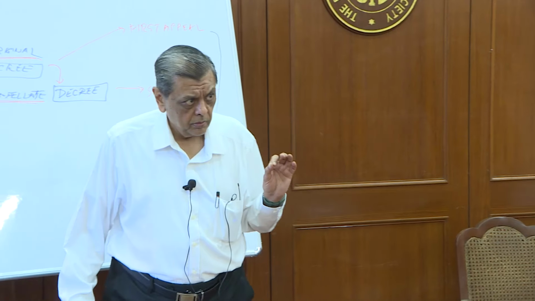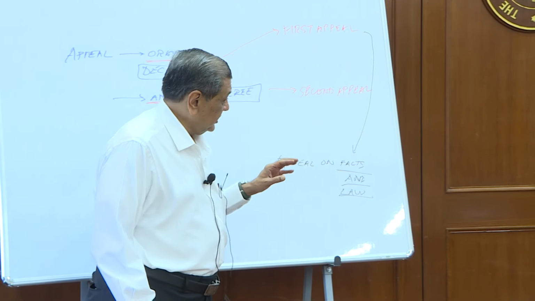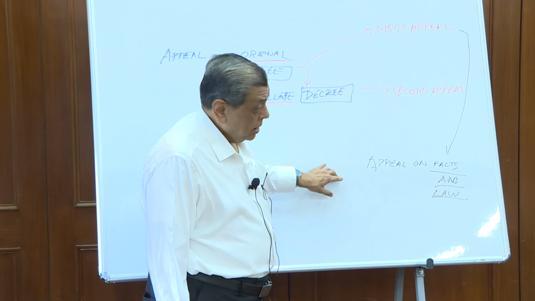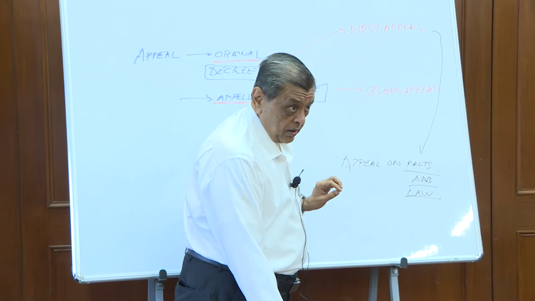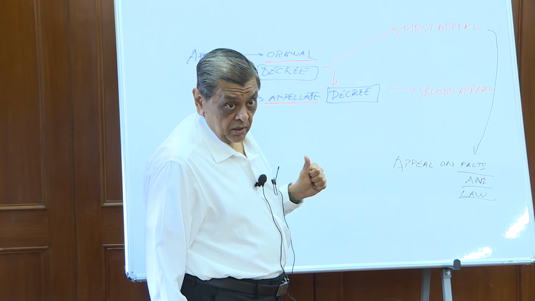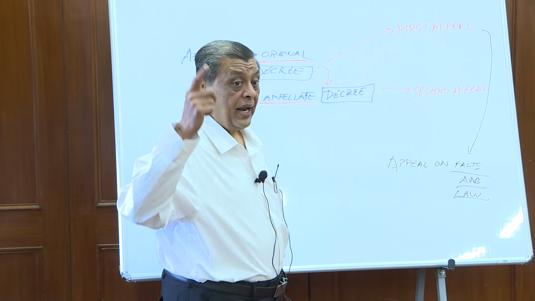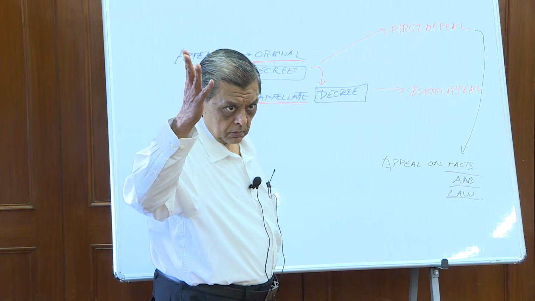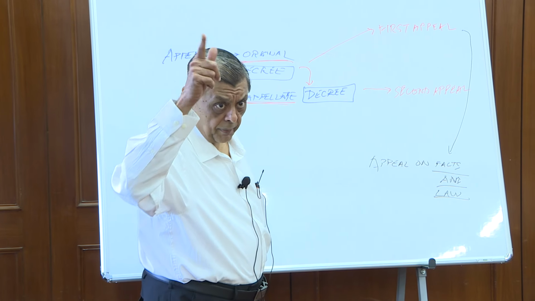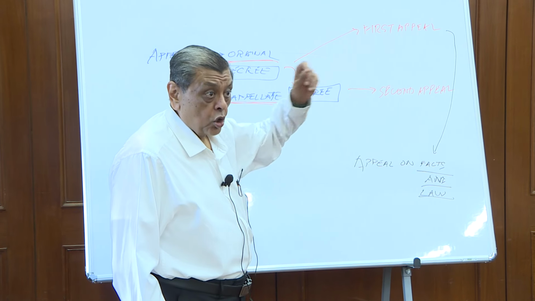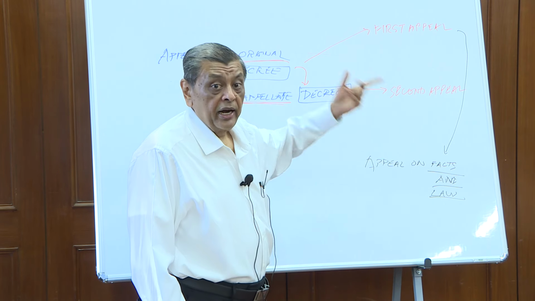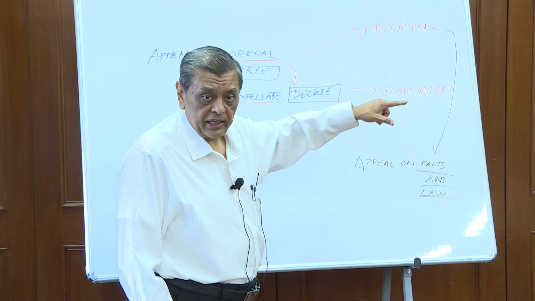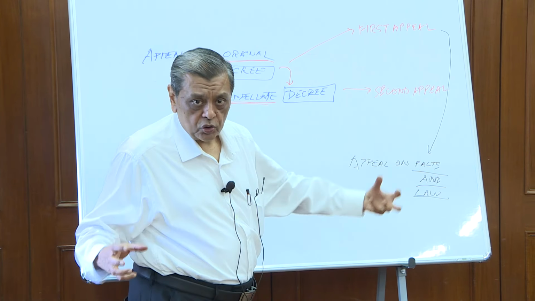Bear this in mind. Second appeal follows the decision in a first appeal, which again will have a judgment and will have a first appellate decree. Not order, first appellate decree. It will be an adjudication by a court, and it will conclusively determine the rights of the parties in regard to the issues in the suit.